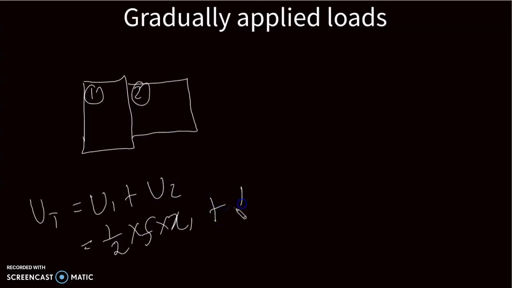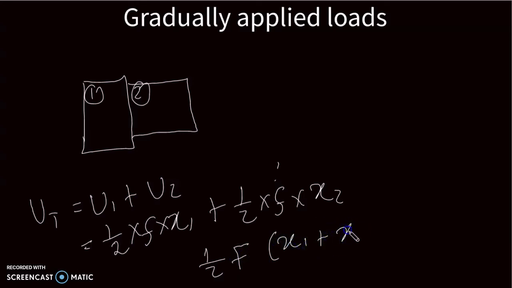It will be plus half F times change in length number 2. The force is the same. Therefore, we are going to take a common factor of half F, and it will be x1 plus x2, which will be the total change in length.